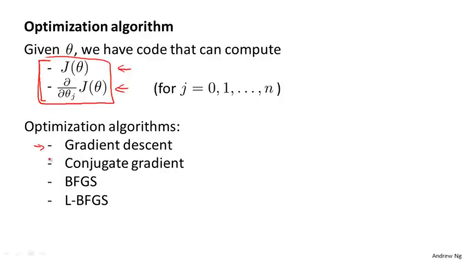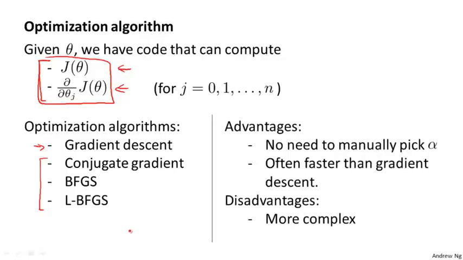The details of exactly what these three algorithms do is well beyond the scope of this course, and in fact, you often end up spending many days or a small number of weeks studying these algorithms if you take a class in advanced numerical computing. But let me just tell you about some of their properties.